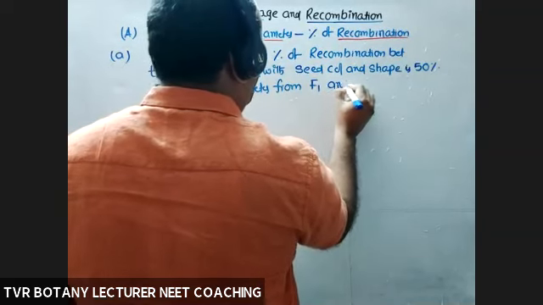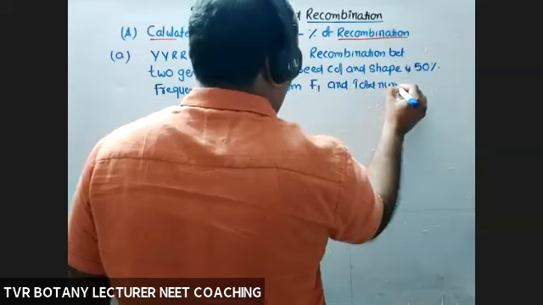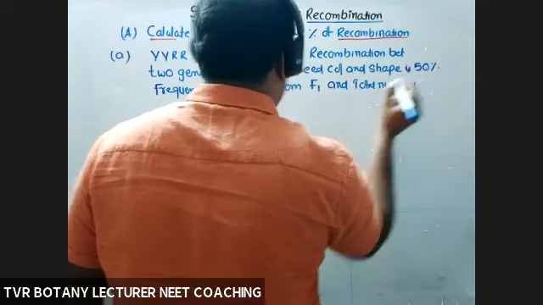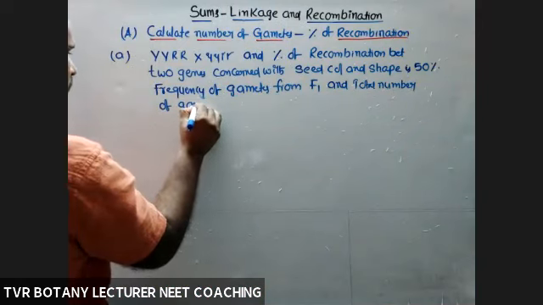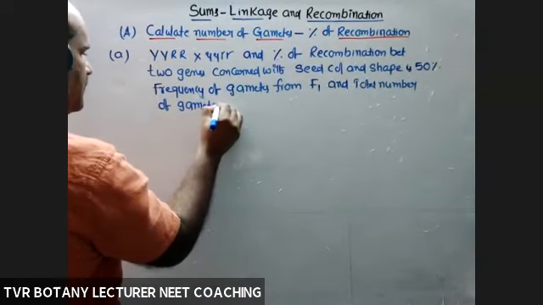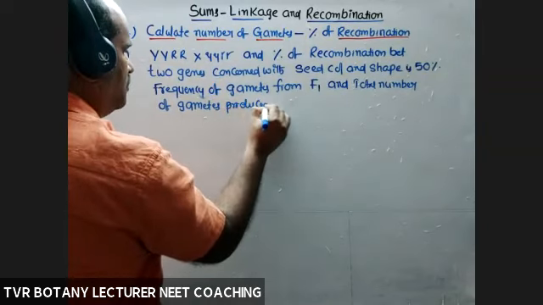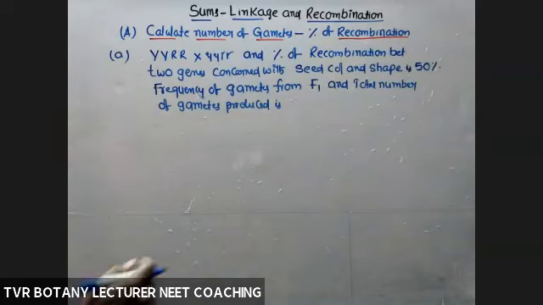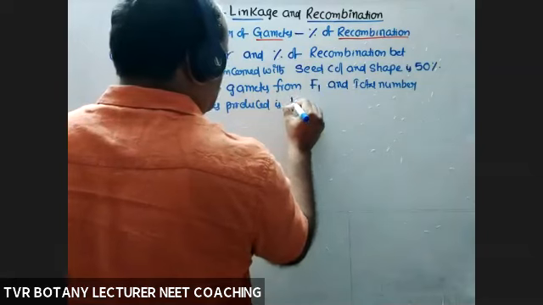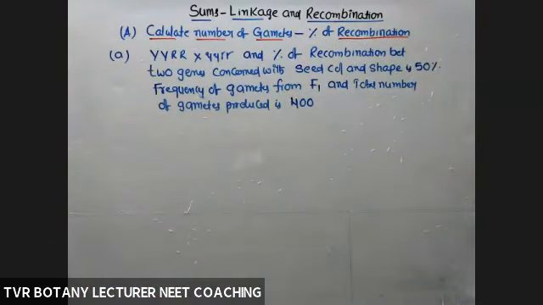And here the total number of gametes produced is, for example only, 400.